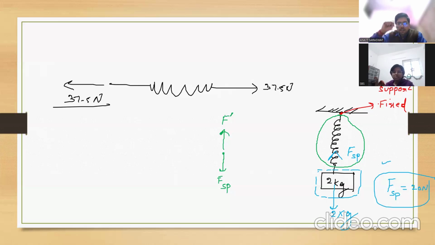Then only it is fixed at the top. If the fixed support is not providing any force, then it will not be fixed there. Now my question is how much is this value F dash? The spring is massless, so F dash minus FSP is equal to 0. So F dash is equal to FSP.